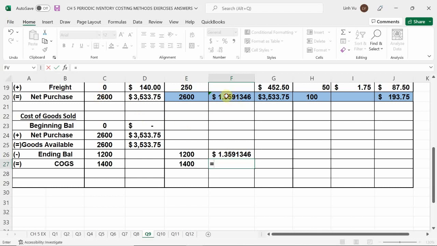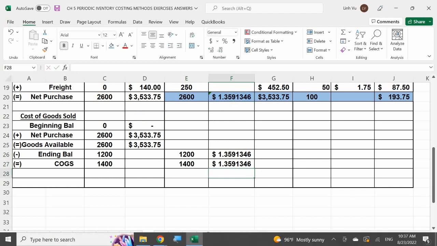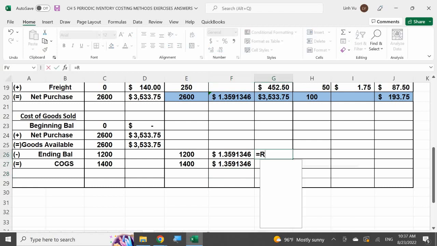If it's going to cost me on average $1.3591346, then I am able to solve for my totals here, because I don't care which batch came first or which batch came last. I just care about my grand total amount that I have, what the average cost per item is, and just taking my whole lump sum number and multiplying it by the average cost per item.